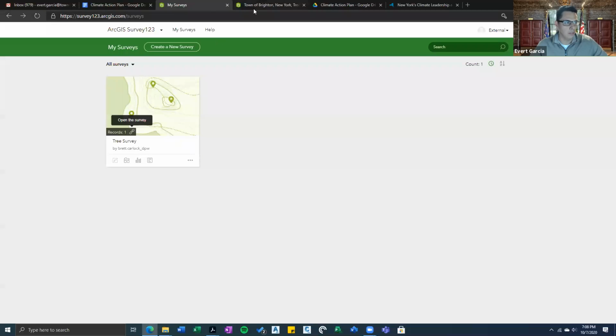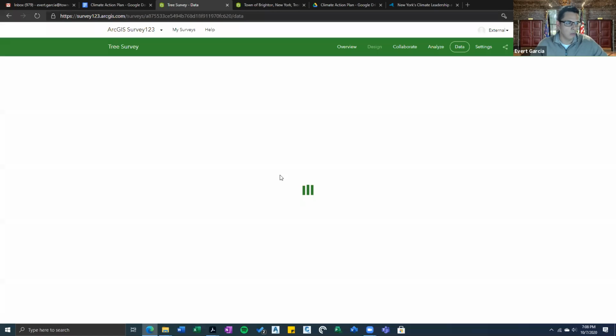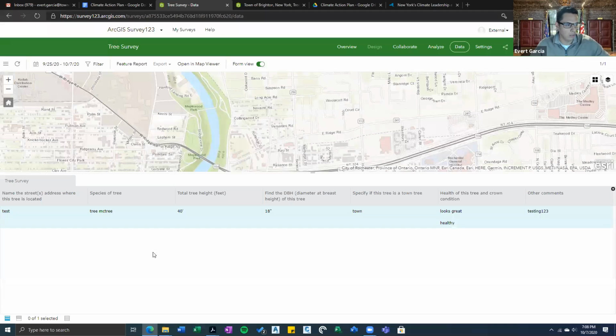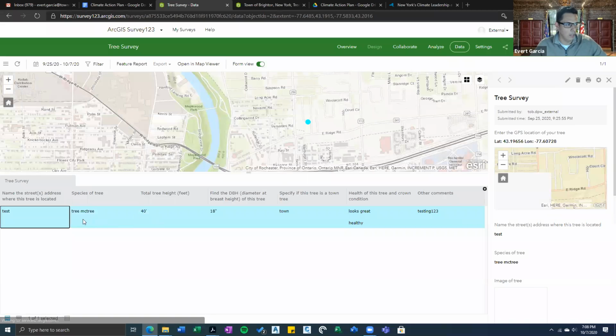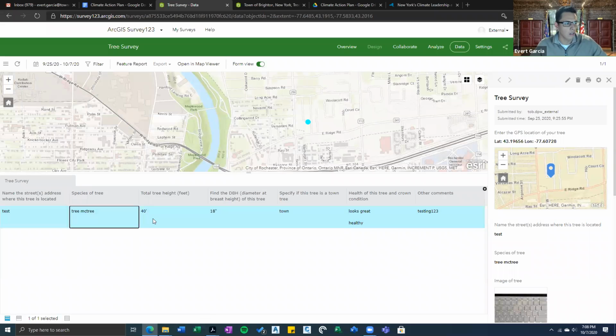Once you start collecting, you can then view the records, and it just starts tabulating the data. I have this tree, McTree, here, just a test sample, and we can start collecting and updating our inventory.